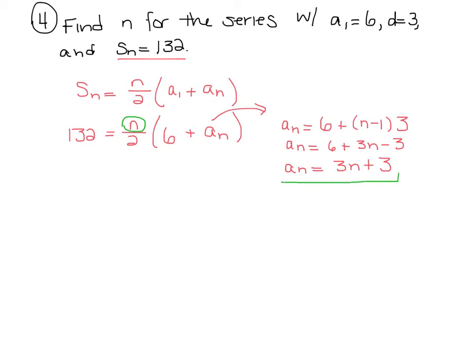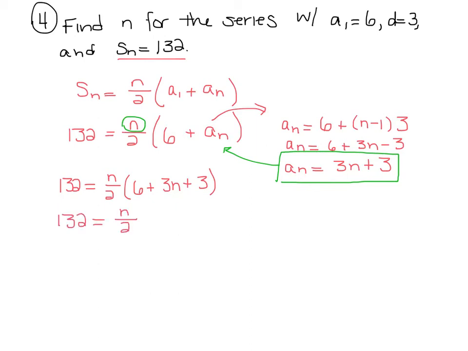Well, if I substitute this back in for a sub n, I now will have an equation only in terms of n. And I know I can handle this now. 132 equals n over 2 times the quantity of 3n plus 9.